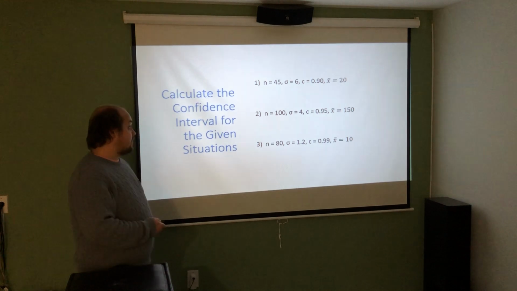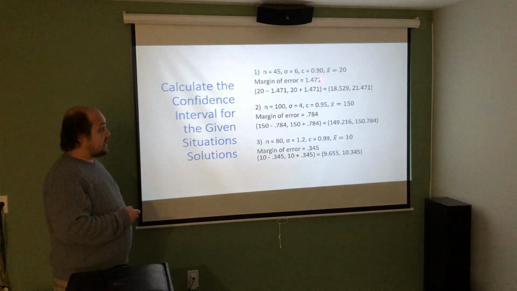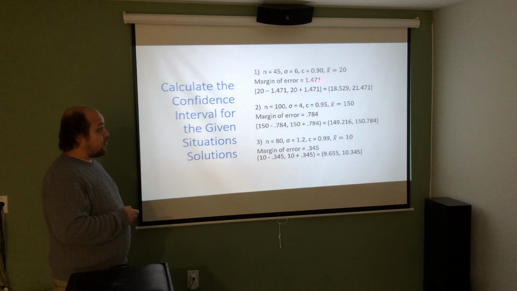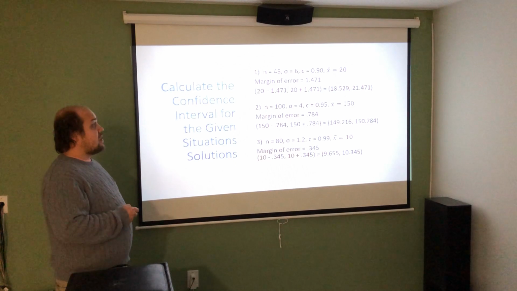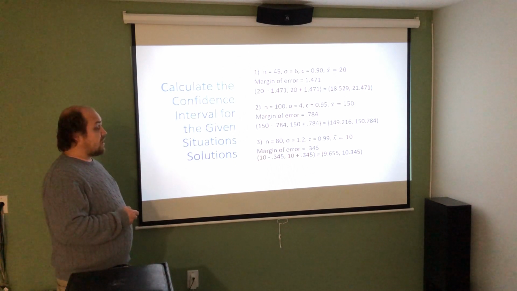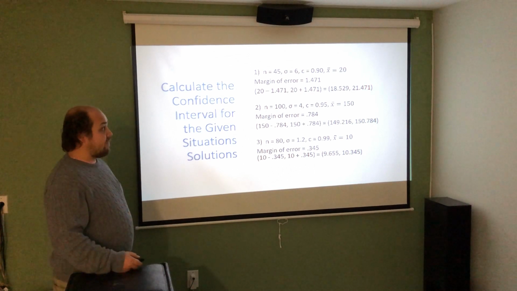So if 20 is the mean and we previously calculated the margin of error as 1.471, to find the lower bound we do 20 minus 1.471. That gets me to 18.529. To find the upper bound we do 20 plus 1.471. That gets me to 21.471.